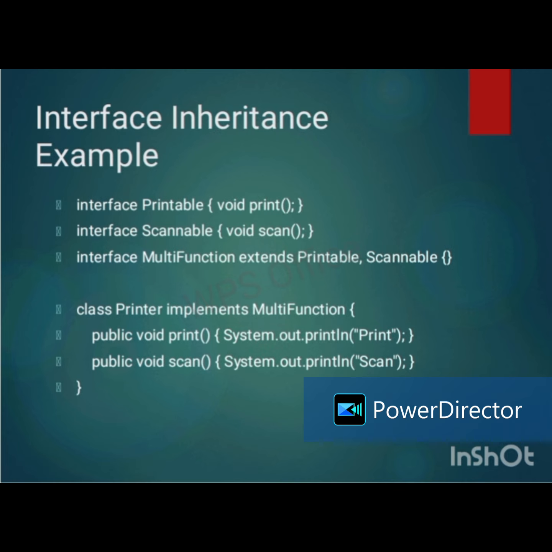Rather than putting all methods into a single interface from the beginning, we create small focused interfaces and then combine them as needed. This design pattern is often called the interface segregation principle, one of the SOLID principles in object oriented design. It allows greater flexibility and reusability. For example, if we later want a device that only prints but does not scan, we can implement just Printable.